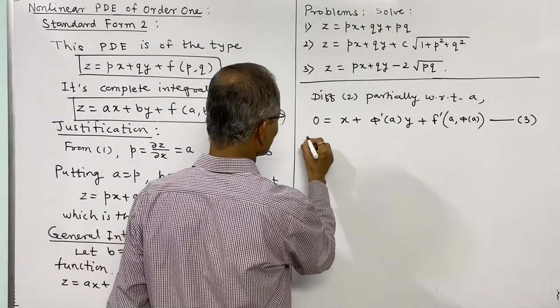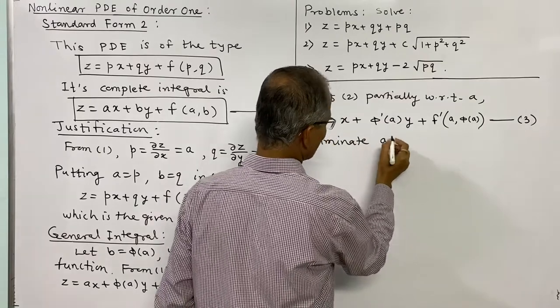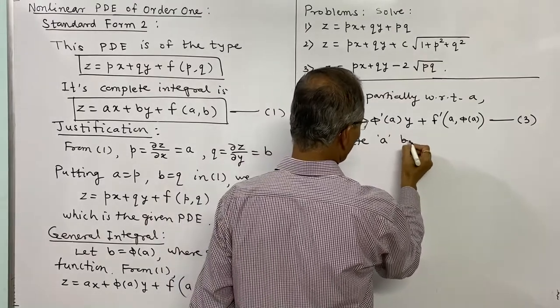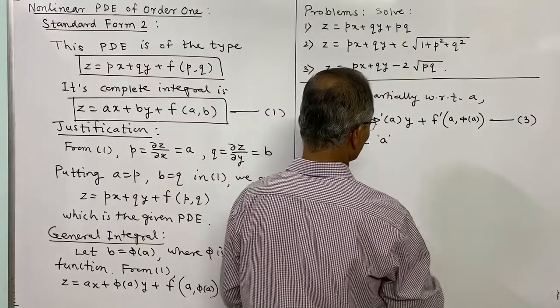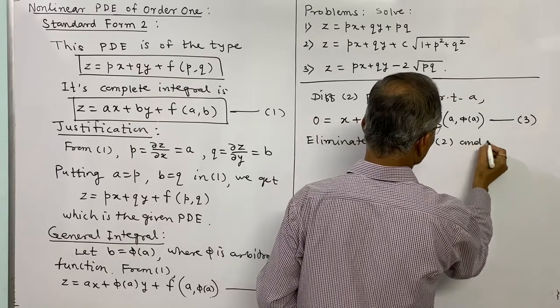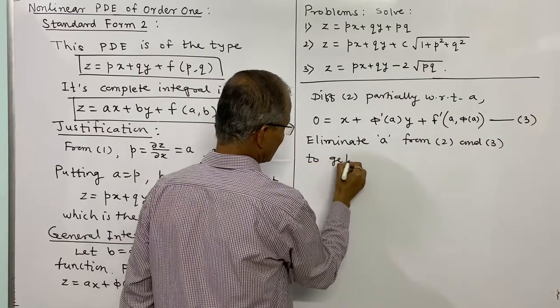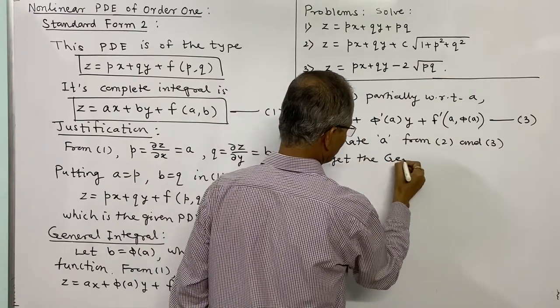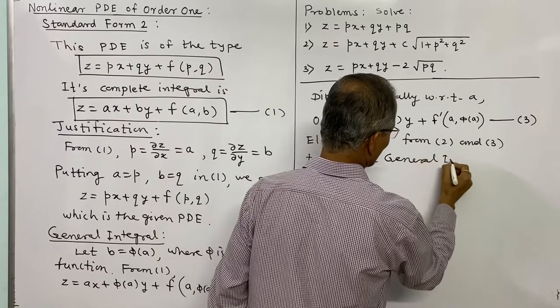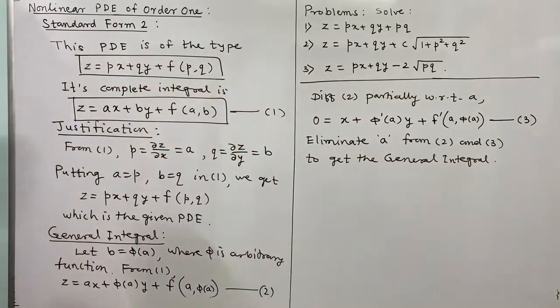Eliminate a from 2 and 3 to get the general integral. So this gives the general integral.